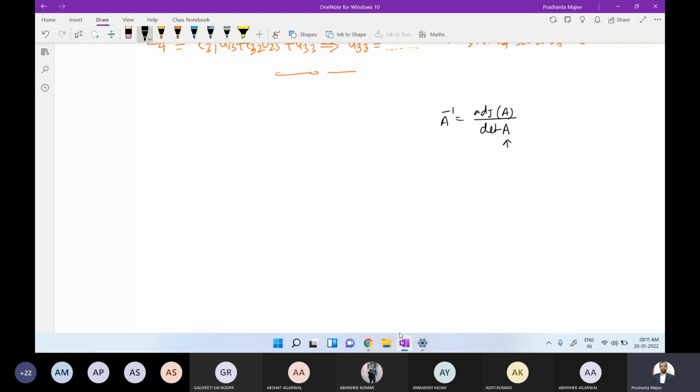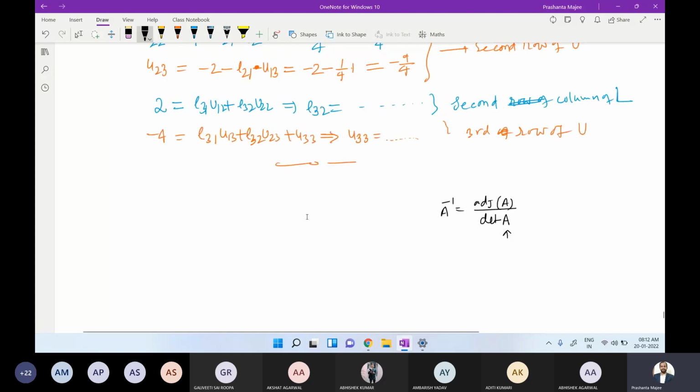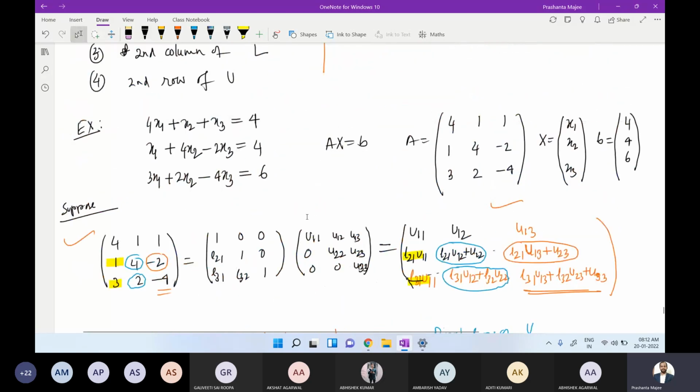So to avoid all those things, and one other thing is, if the coefficient matrix is the same, but the right hand side values b1, b2, b3 are changing. Suppose you have to solve several systems of equations for which the coefficient matrix will be the same, but the right hand side values b1, b2, b3 will be changing. Then these methods, LU decomposition method and LL star decomposition method, are more useful, because if you want to apply Cramer's rule, each time the determinant will be changing, only the coefficient determinant will be the same.